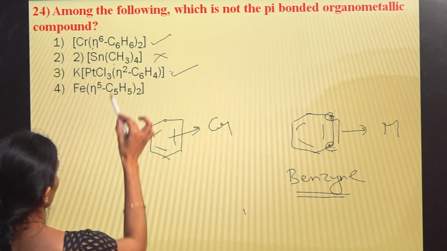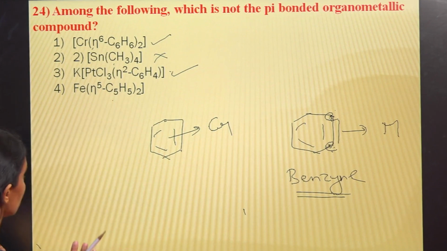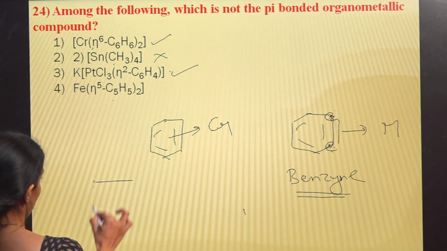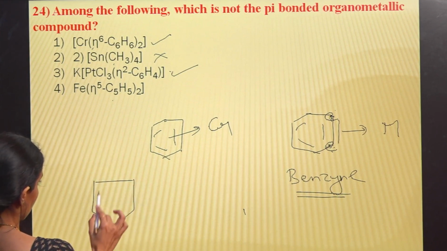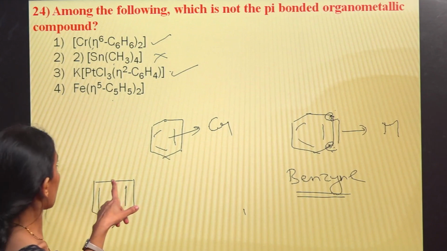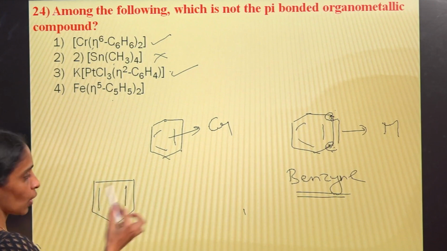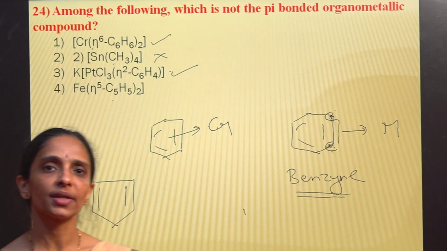And what about the C5H5? It is cyclopentadiene. How do you draw cyclopentadiene? A pentagonal ring, okay, 2 pi bonds. So all the 5 carbon atoms are involved in bonding with the metal.